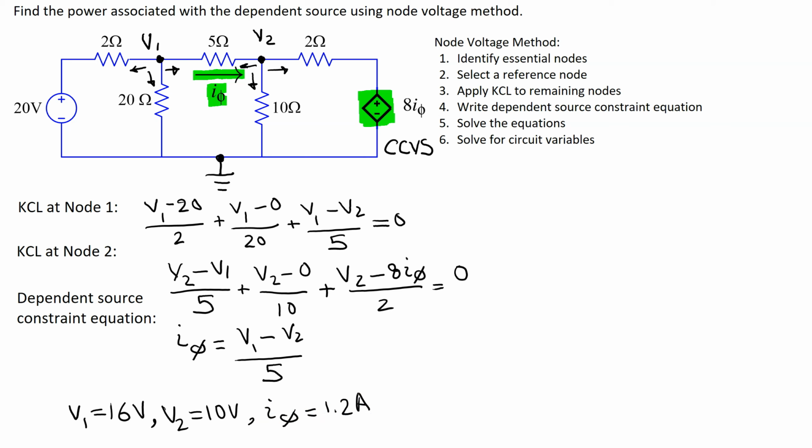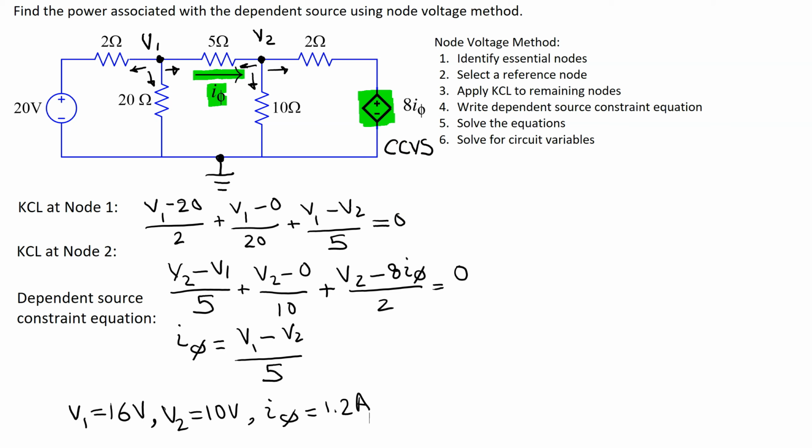Now we can solve for the circuit variables, and in this case we have to find the power associated with the dependent source. Power is given by the product of the voltage and the current.